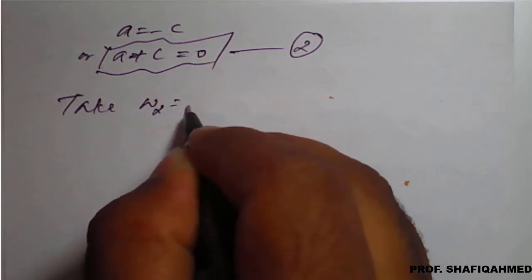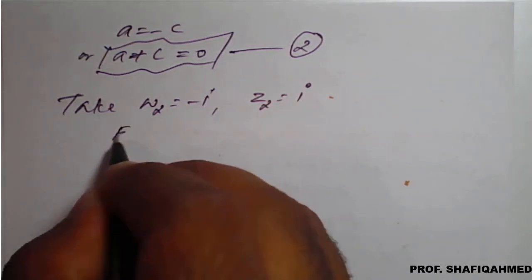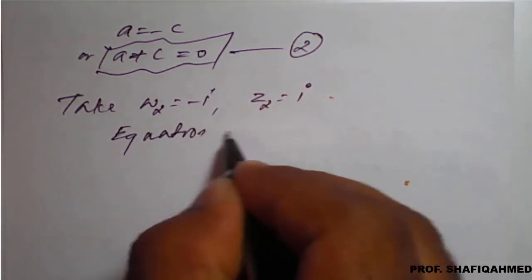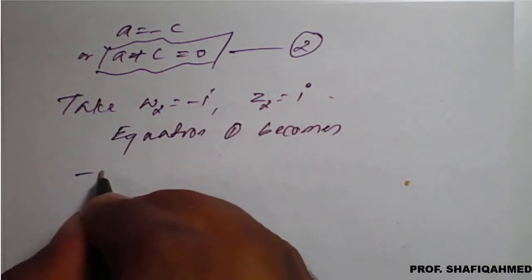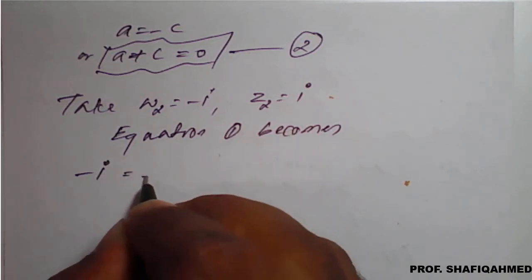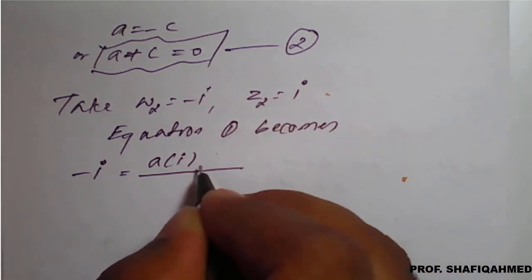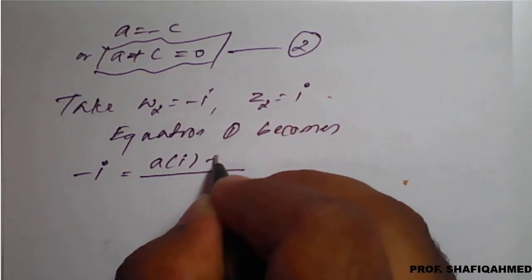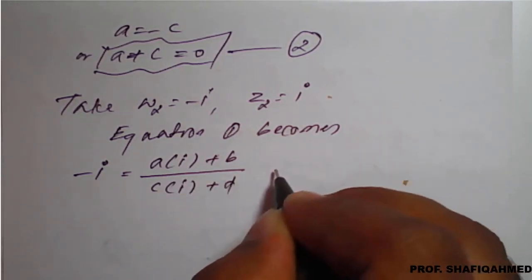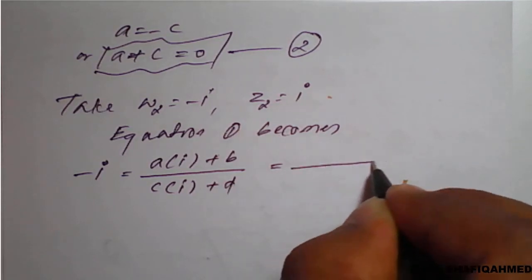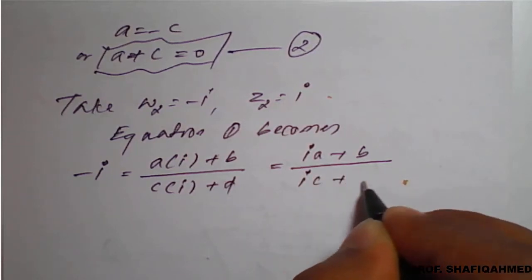W2 is equal to minus i and Z2 is equal to i. Equation 1 becomes: that is, minus i equals (A into i, because the Z value is i, plus B) divided by (C into i plus D), or it will become (iA plus B) divided by (iC plus D).